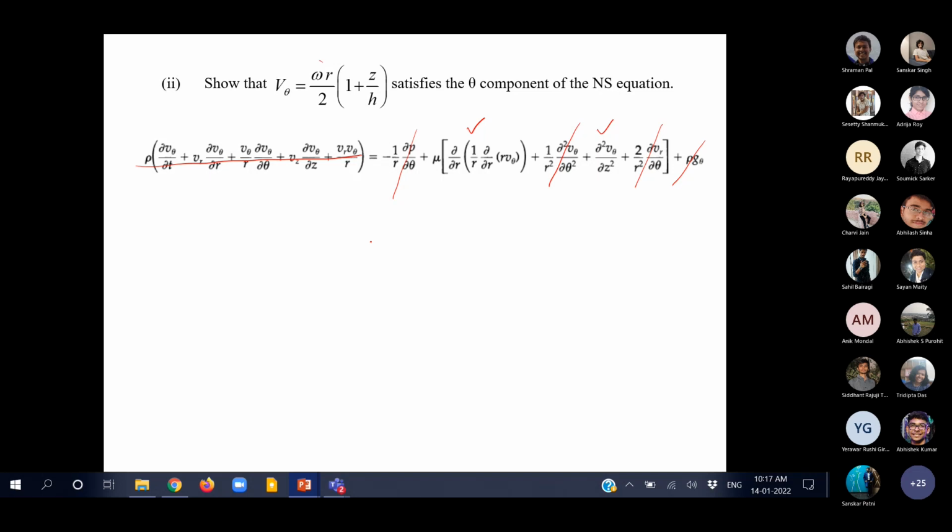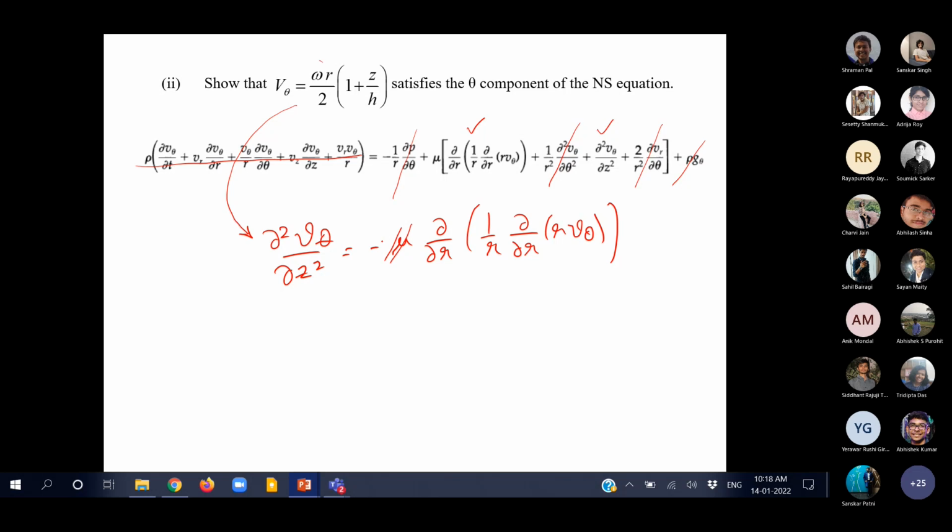So what I have then is del square v theta by del z square should be equal to minus or plus, doesn't matter, mu del by del r of 1 by r. These are the only two terms which are going to remain. Now mu will cancel from both sides, so mu will not be there.